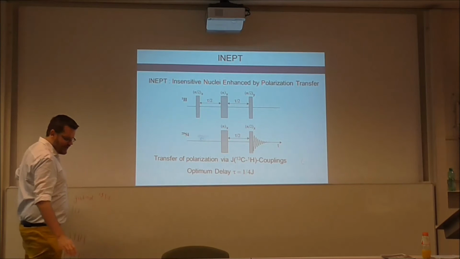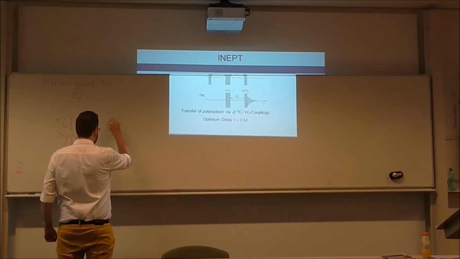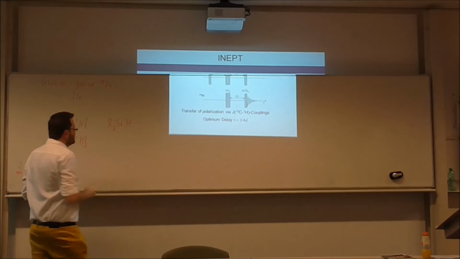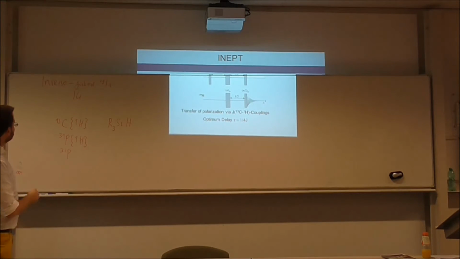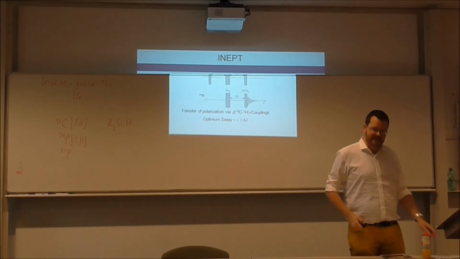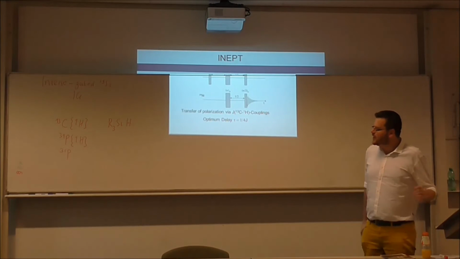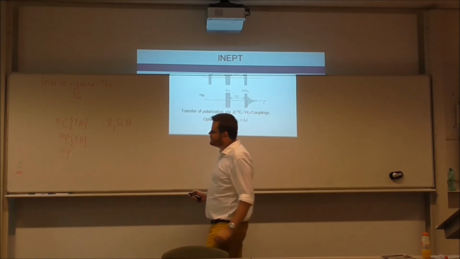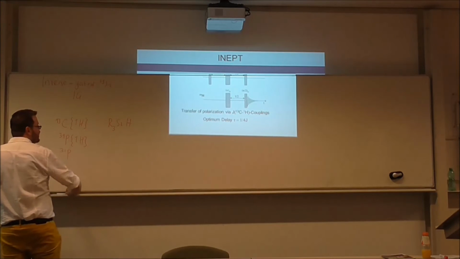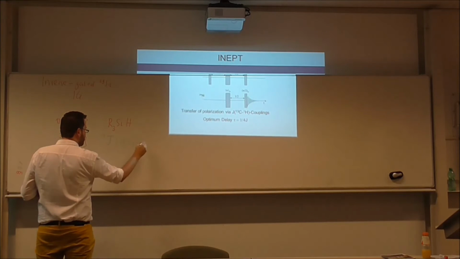So what we're basically doing is, if we take a compound like, let's say, something like this, in inverse gated we're just doing, let's say, a standard spectrum, if you will. Of course, inverse gated means something different, but it's the standard routine way of doing a silicon-29 spectrum. If I now do an INEPT spectrum, I'm saying, all right, what is the 1J(H,Si) coupling constant?